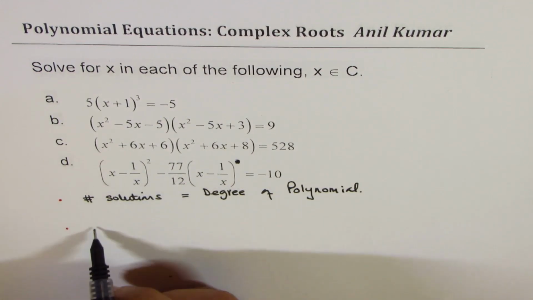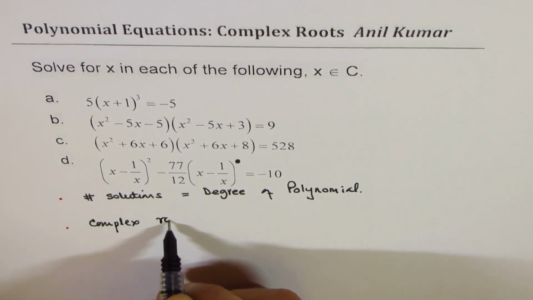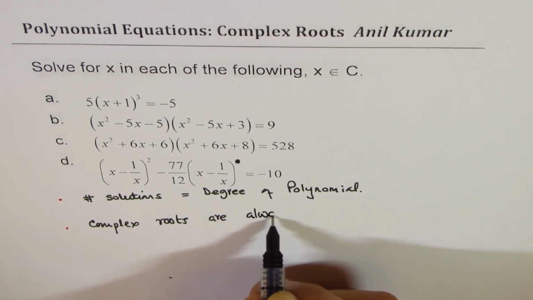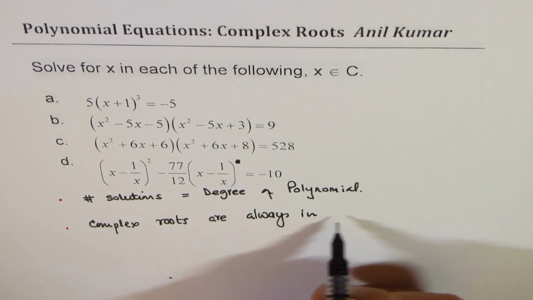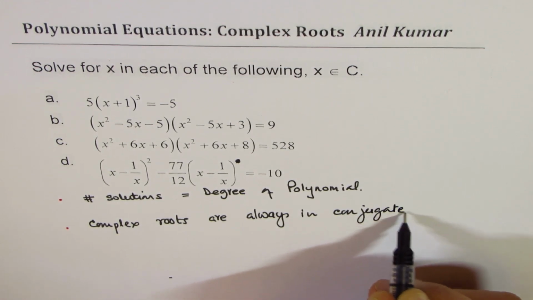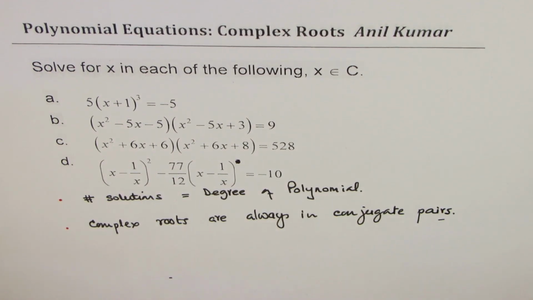Second, we know that complex roots are always in conjugate pairs. Remember this while you solve, correct?